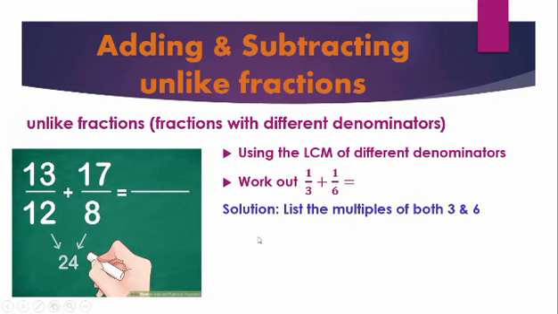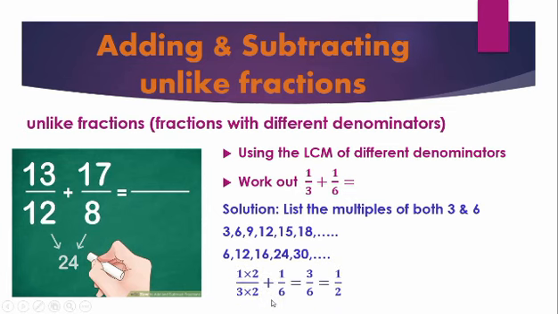The solution, we have to list the multiples of both numbers 3 and 6. The multiples of the number 3 are 3, 6, 9, 12, 15, 18, etc. And the multiples of the number 6 are 6, 12, 18, 24, 30, and so on. Now, the least common multiple of 3 and 6 is 6.